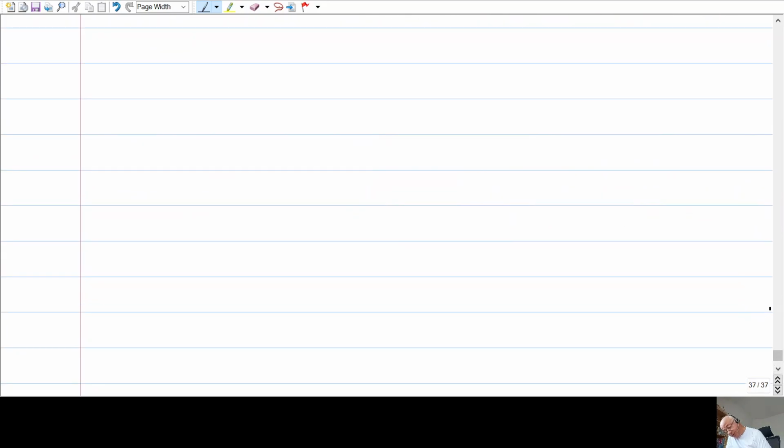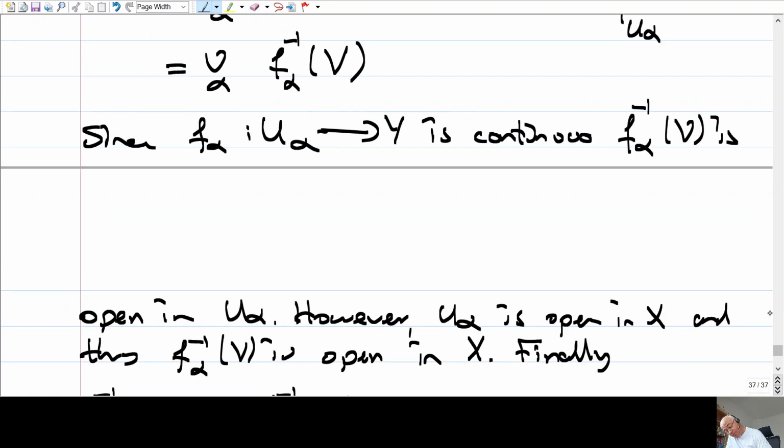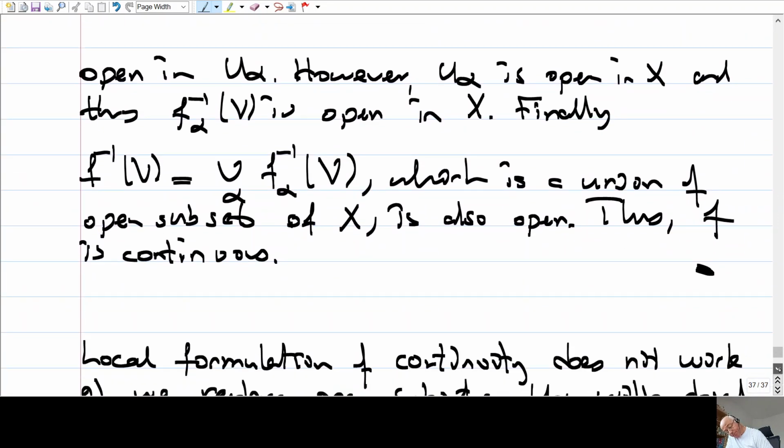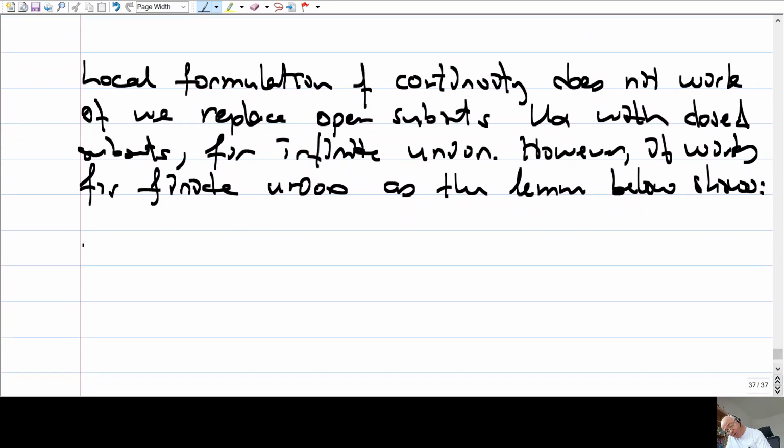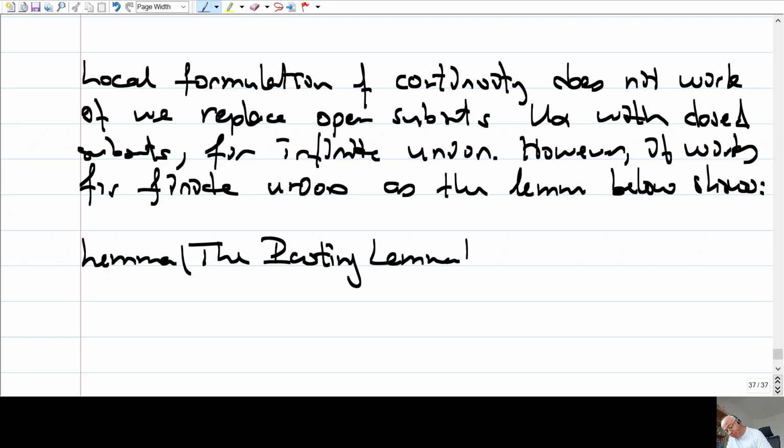Okay, now let me state the lemma. Sorry. Lemma. Its name is the pasting lemma. You have probably seen this before, but let's write it down.